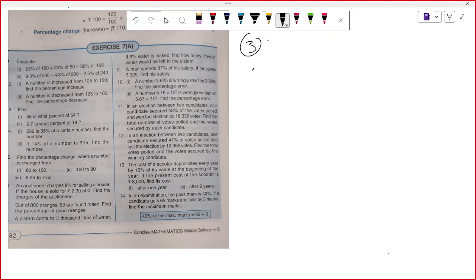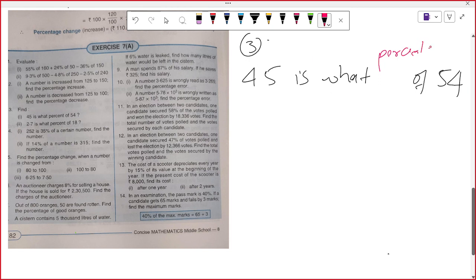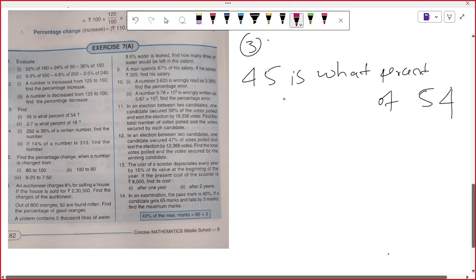Third main: 45 is what percent of 54? Is any percentage value given here?